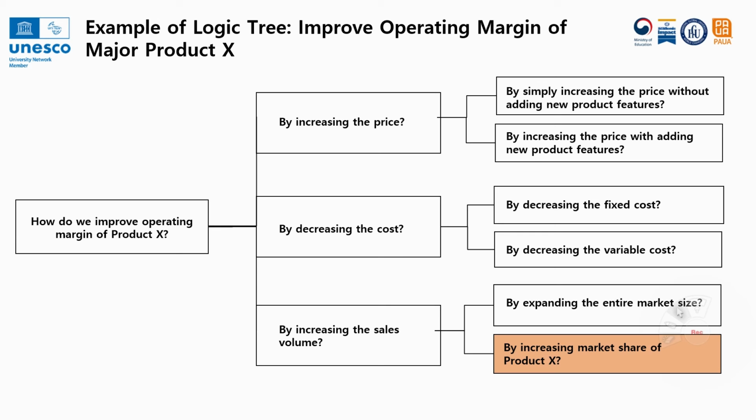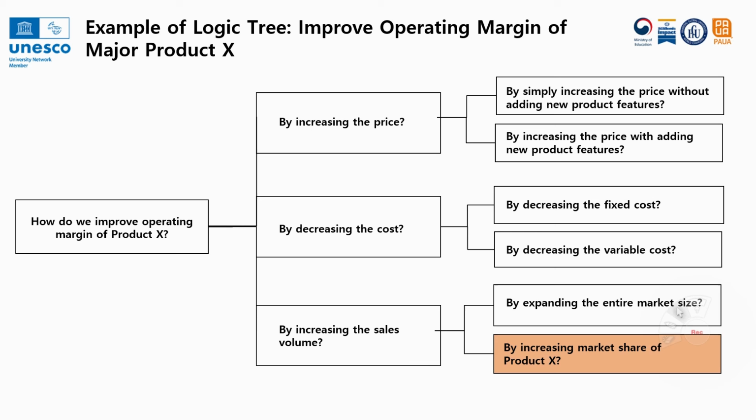And once we disaggregated this problem into small issues, now it's time for us to prioritize which ones we have to analyze, and which issues we don't have to analyze, considering the time limit, whether it takes more time, and considering it's relatively more important than the others.